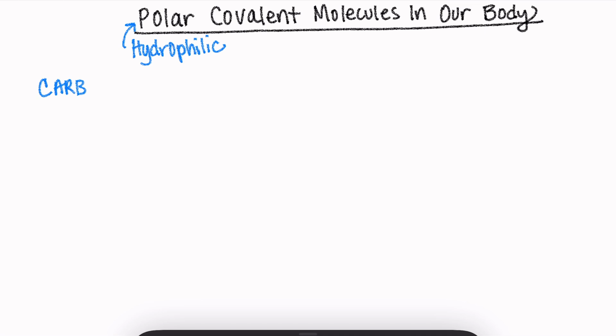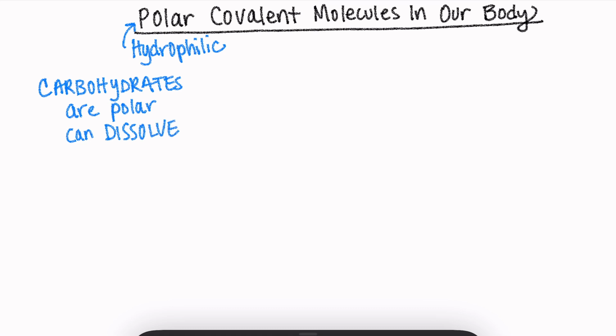Carbohydrates are polar, and that means sugar, which is a carbohydrate, is polar. And so they can dissolve in water because water is a polar molecule and the universal solvent. It can dissolve more things than anything else in the world. Carbohydrates are polar and can dissolve in water.